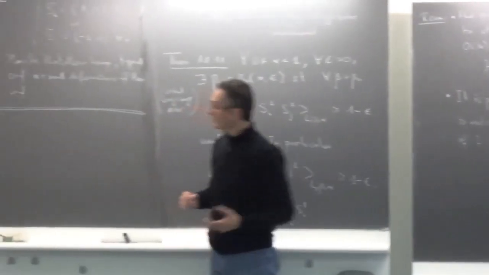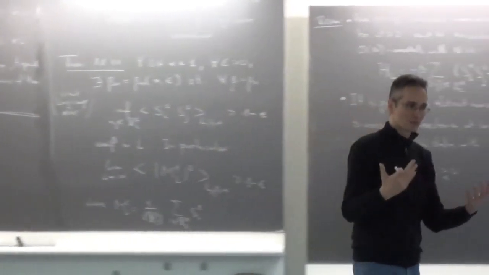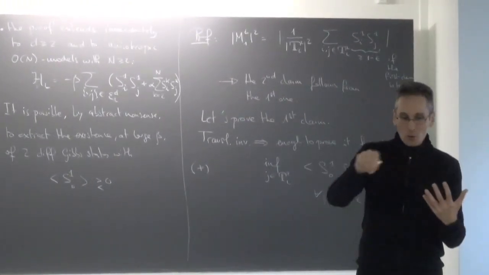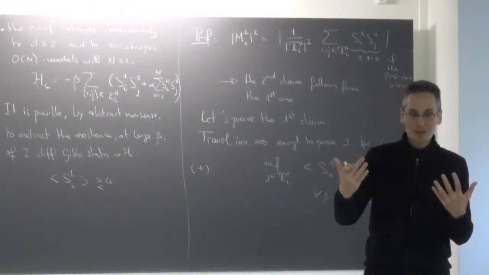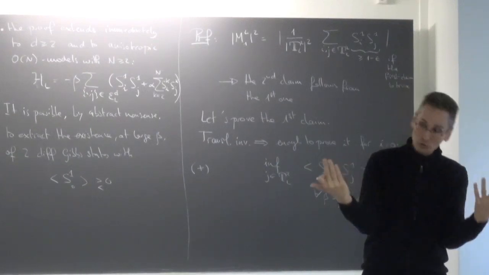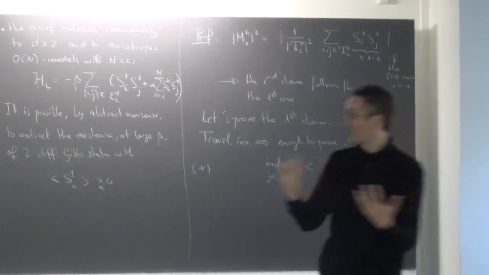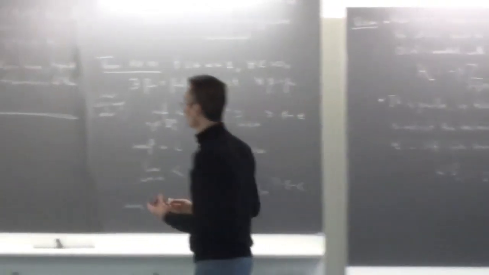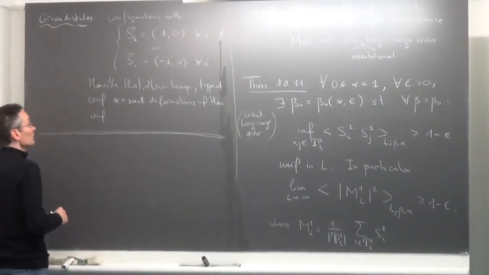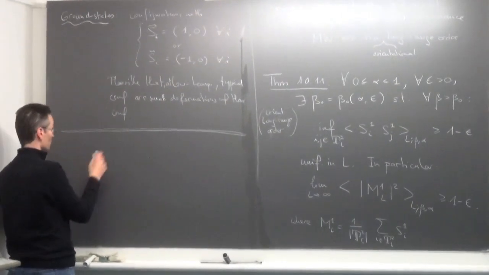Here it's a priori much harder because you have continuous spins. You cannot draw very sharp contours between nice values of the spin and bad values of the spin because you can go continuously from one to the other. So it's not completely clear how we should do that. One natural way to proceed is to first discretize the model. So that's what we are going to do.